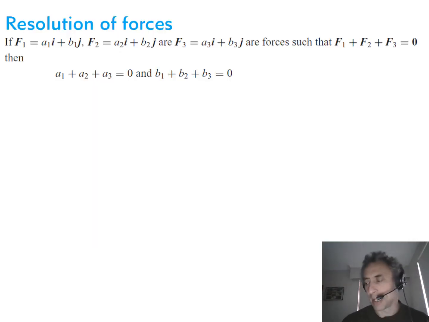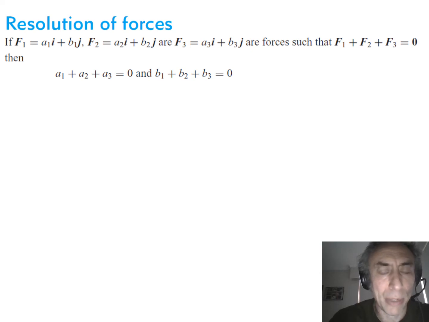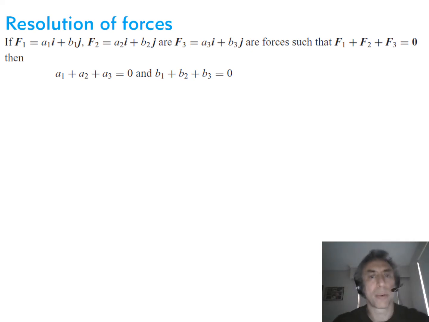Okay, what does it mean to analyze a situation of 3 forces acting upon a particle in equilibrium? This notation captures it beautifully. We've got 3 forces, F1, F2, and F3, because they're in a plane. We can analyze them in terms of i and j components with respect to our imposition of an XY plane upon the situation.